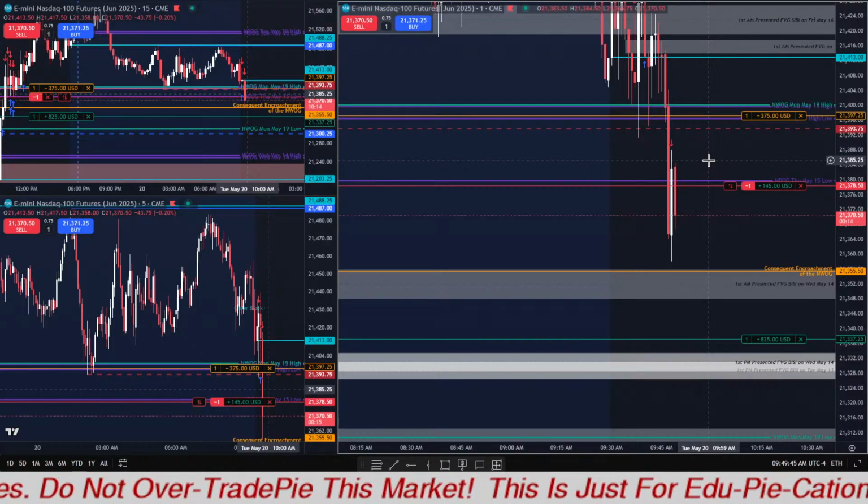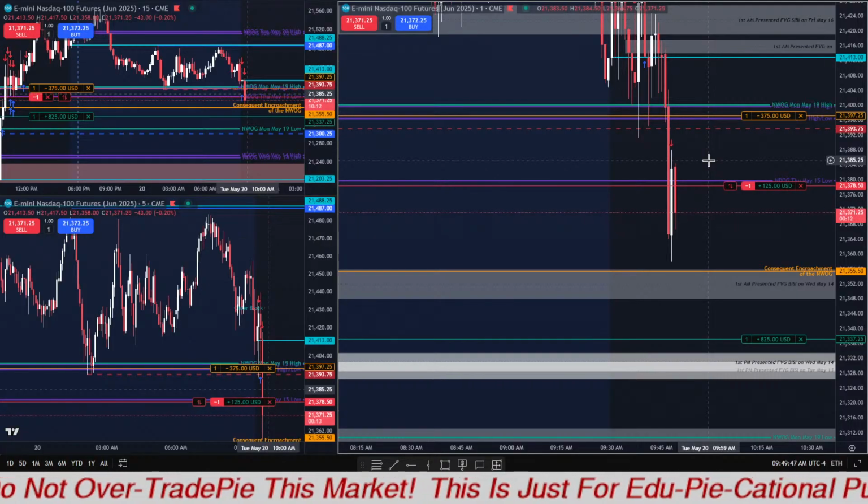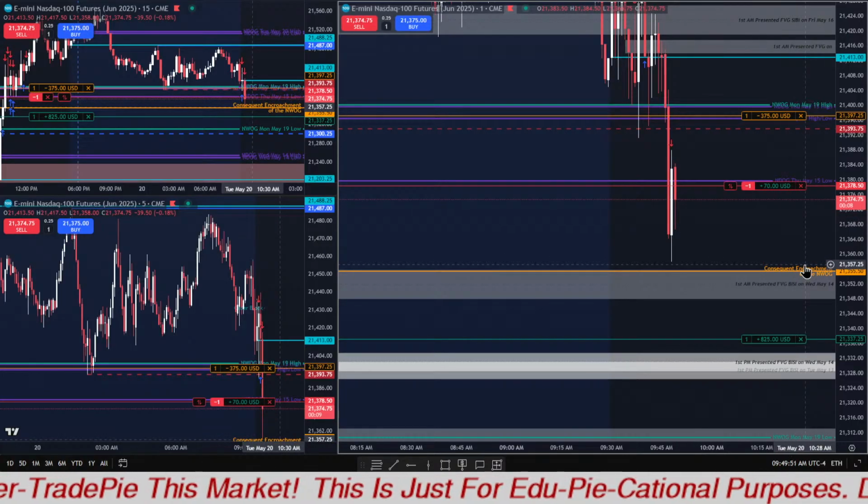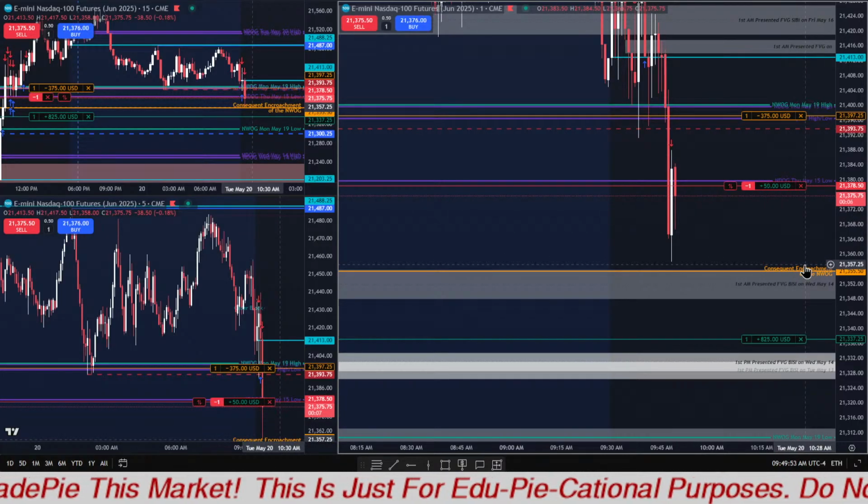Okay, so far we see the market has still not traded into the consequent encouragement of the new week opening gap.